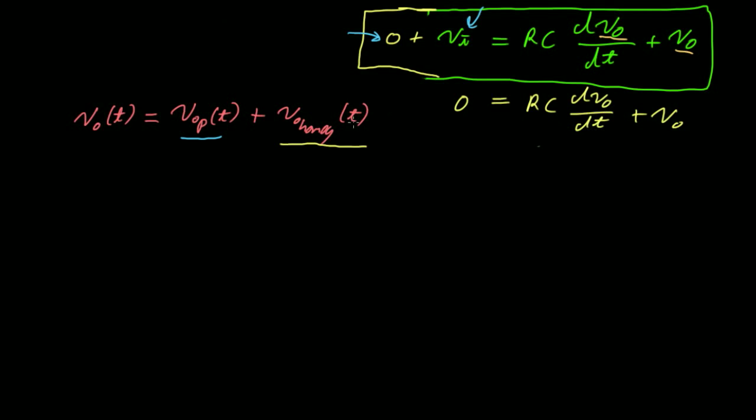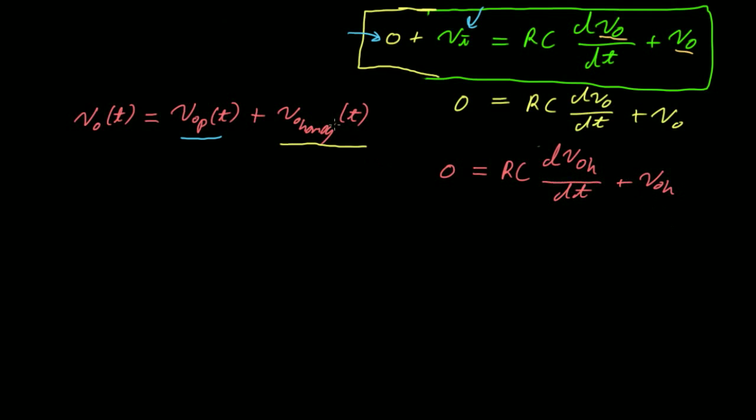So now let's start on the homogeneous equation, since we've got it written right here. I'm going to rewrite this again: 0 is equal to RC times dV0H, for V0 homogeneous, by dt plus V0 homogeneous.